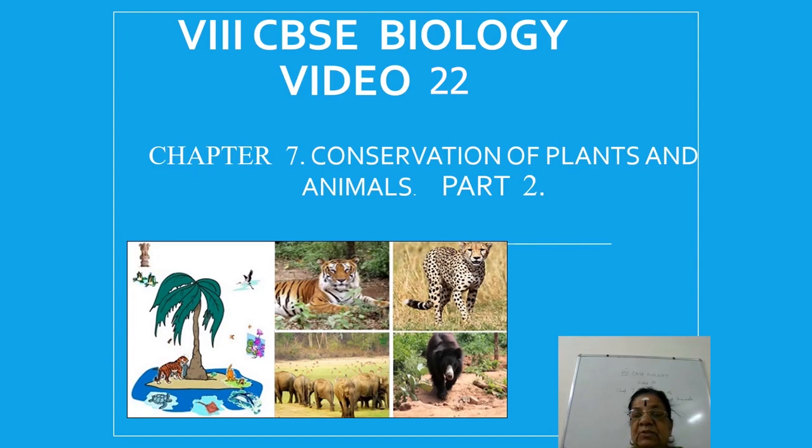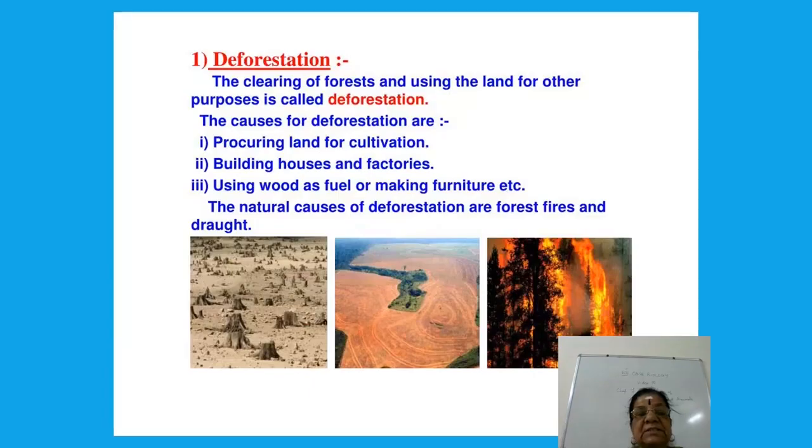Now we will see what deforestation is. The clearing of forest and using the land for other purposes is called deforestation. I repeat, the clearing of forest and using the land for other purposes is called deforestation.